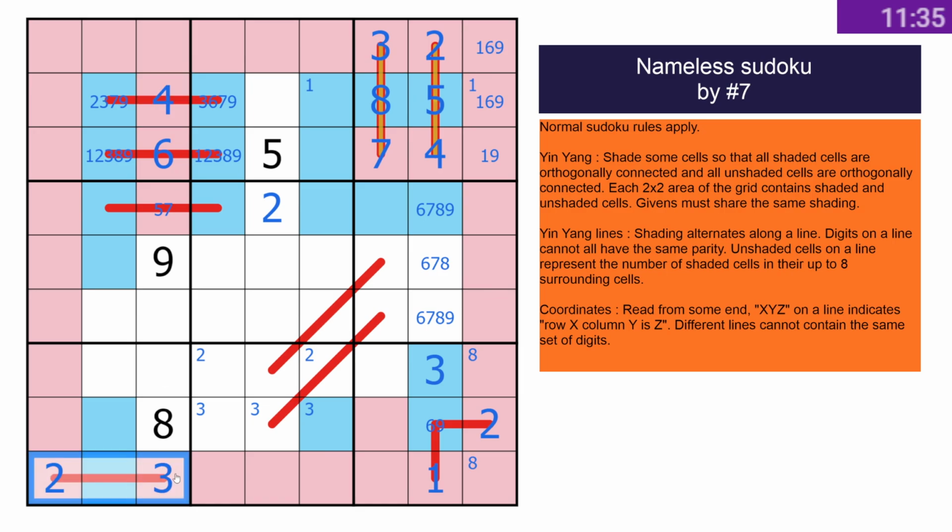How long has that been there? Oh dear. Sorry. Indicates row 2. So either row 2... If that is saying where in row 2 is a 3, a 3 can go in any of these places.